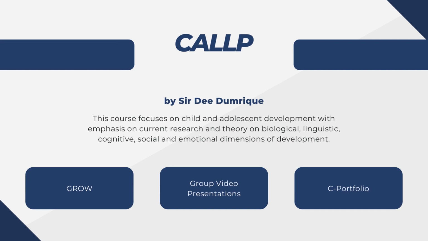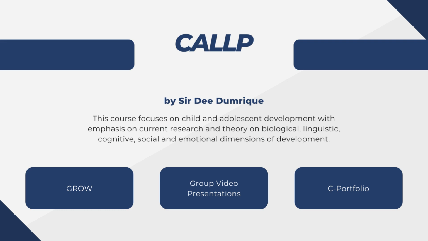So this is CALLP or Child, Adult, and Adolescent Learner and Learning Principle. This is by our Sir D. Dumrique. This course focuses on child and adolescent development with emphasis on current research and theory on biological, linguistic, cognitive, social, and emotional dimensions of development.